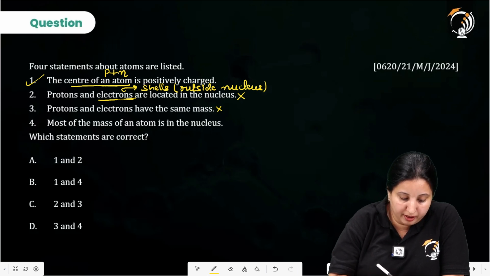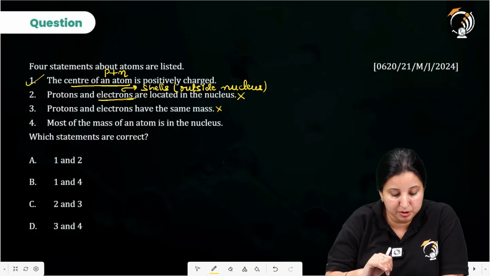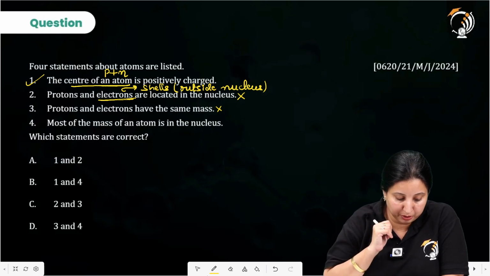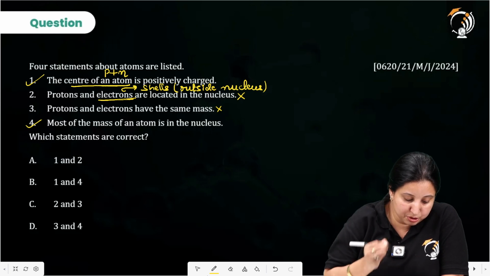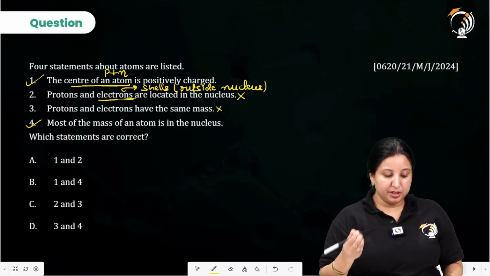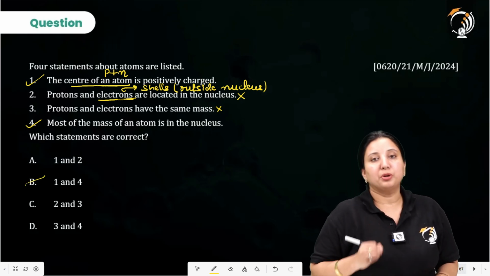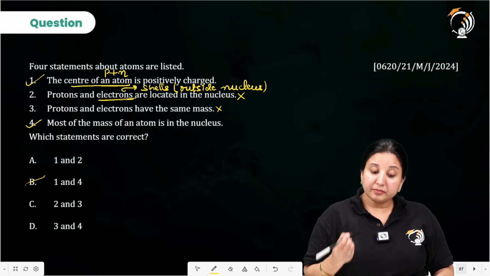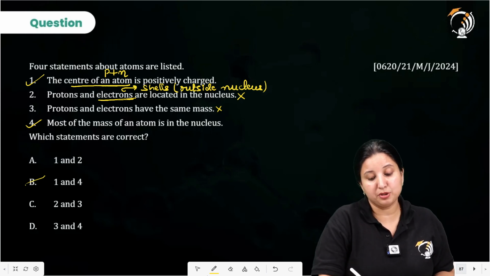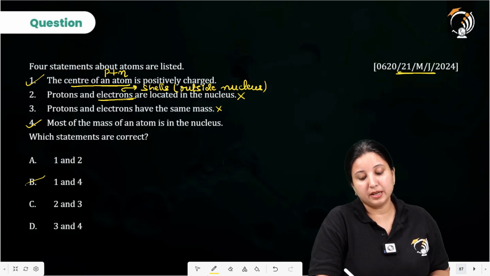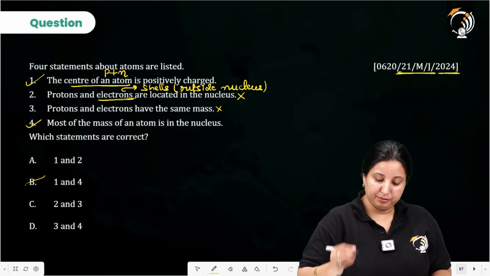Over here I have the presence of protons and neutrons in the nucleus, so this statement is also correct. My question is asking which statements are correct, so basically 1 and 4. So option B is going to be my answer. Again this question is from the series 21, May-June series, year 2024.